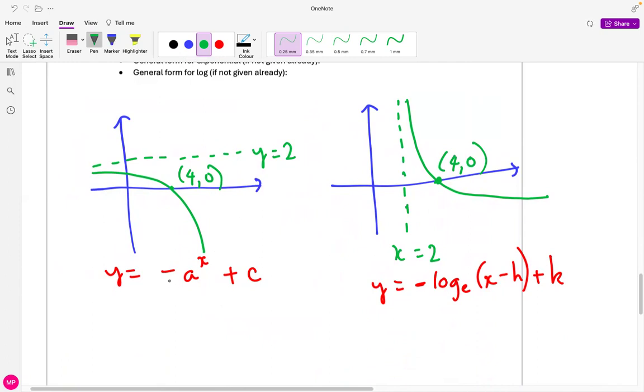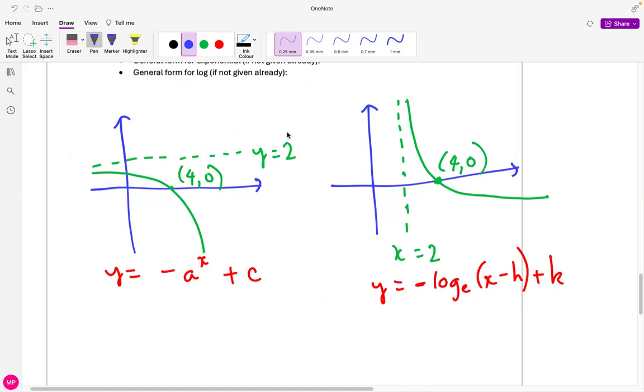In this one, the negative is reflection in the x-axis. So the original goes like that and it's reflected that way. One thing is the exponential has a horizontal asymptote, whereas log has a vertical asymptote. So this will be an exponential, and this one will be log form.